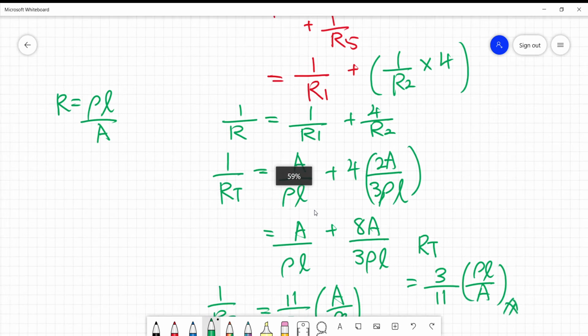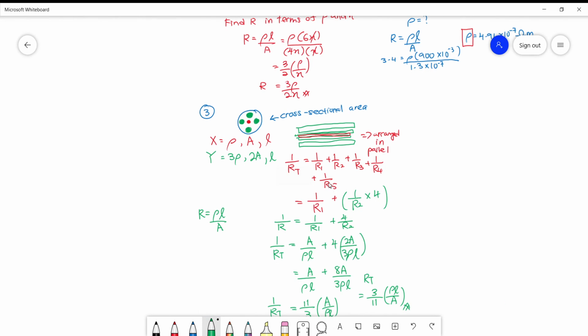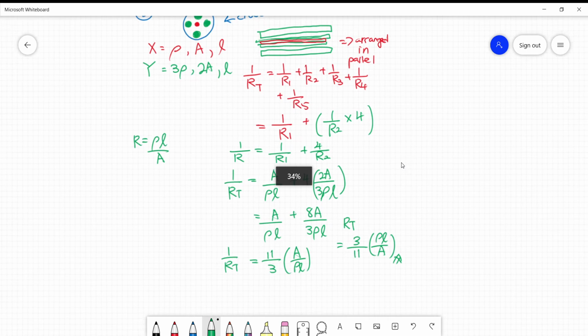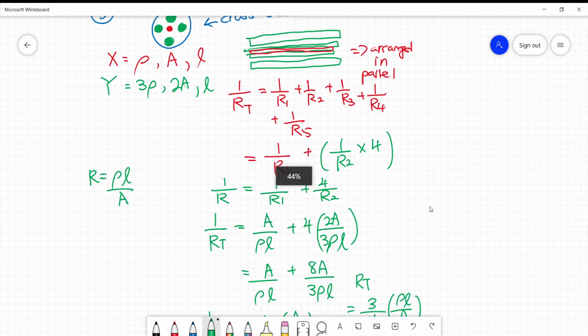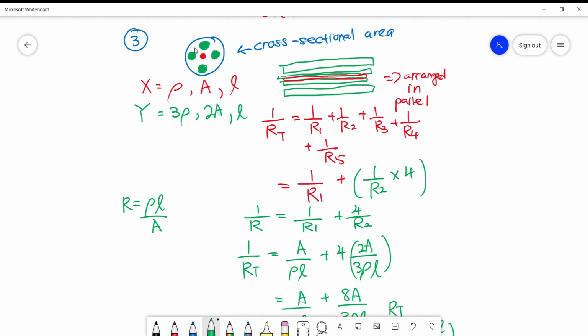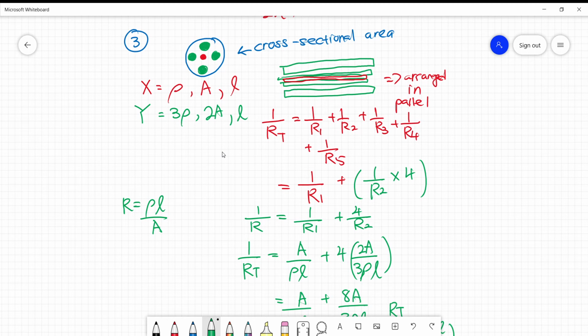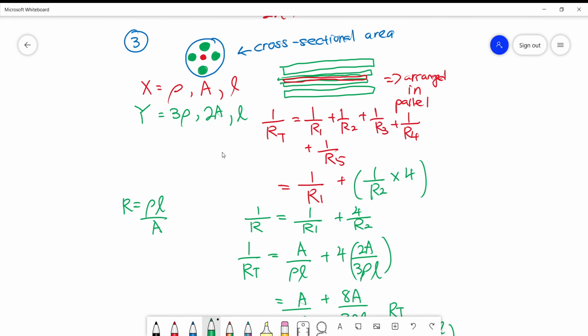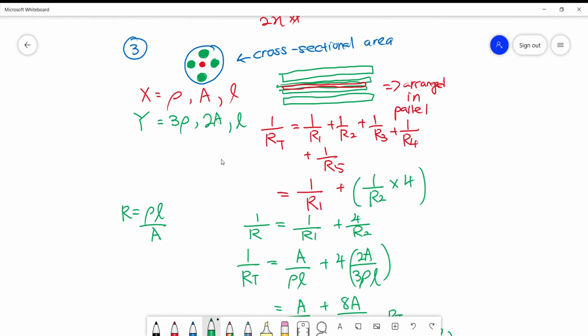Alright, so this is how we calculate the total resistance for this big set of wire, which consists of 5 wires, which is 4 similar wires Y and 1 wire X. So what we need to do is observe step by step.